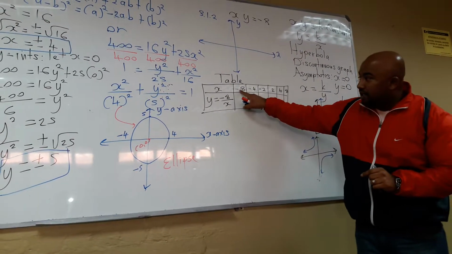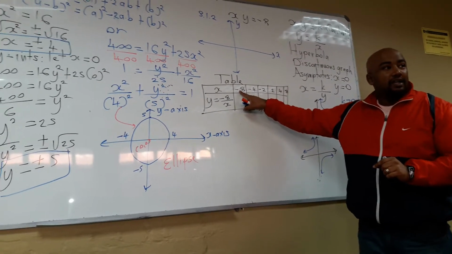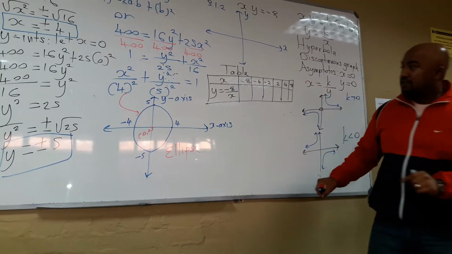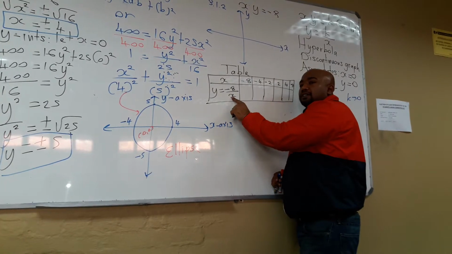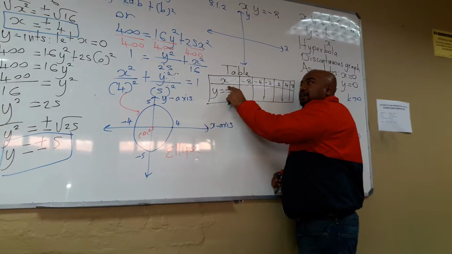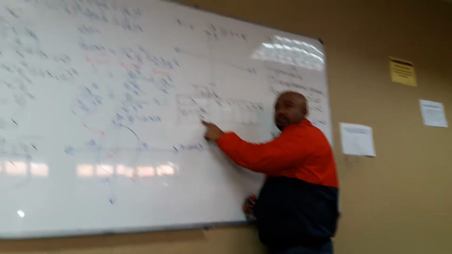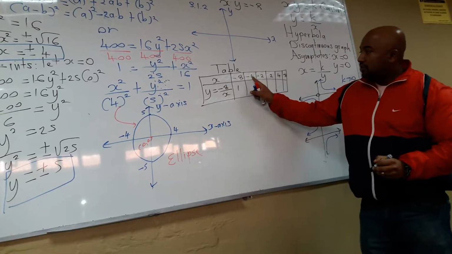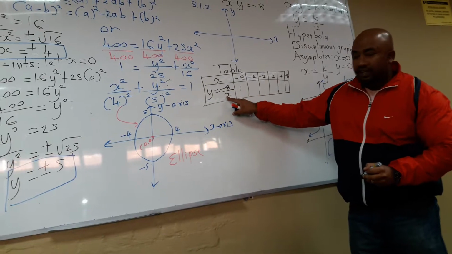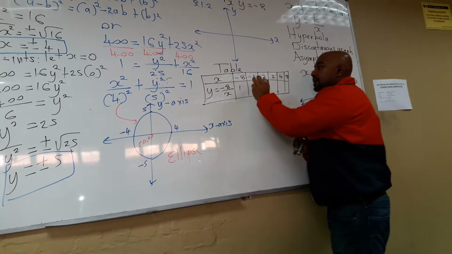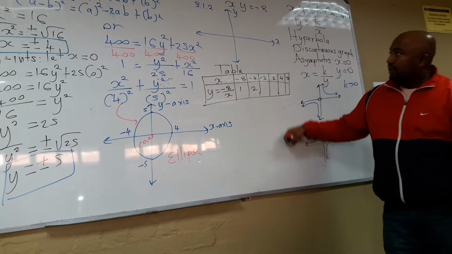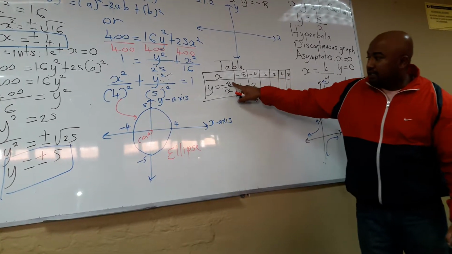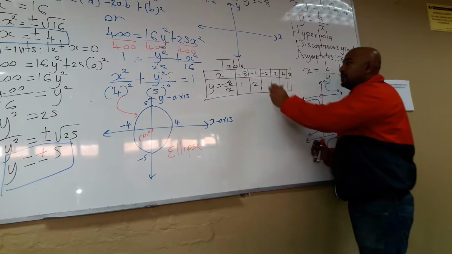If you put x is equal to minus 8, then you need to work out y: y is equal to minus 8 divided by minus 8, which is a positive 1. When x is equal to minus 4, minus 8 divided by minus 4, that will be a positive 2. Then when x is equal to minus 2, minus 8 divided by minus 2, that will be 4.